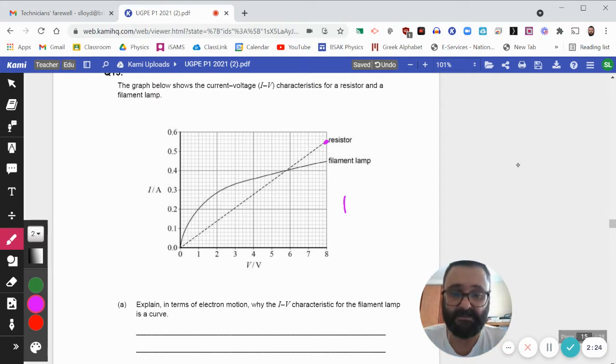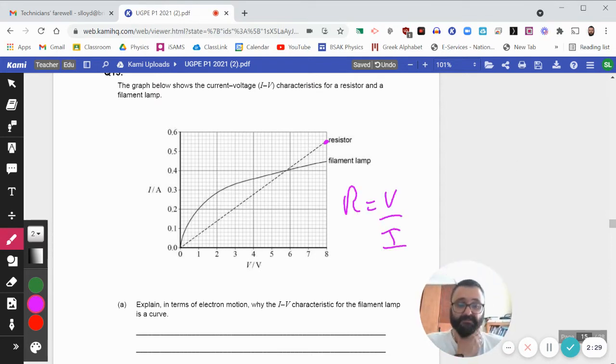Resistance is voltage over current. That's the defining equation for resistance. You shouldn't have to think about that, and if you're looking in the formula booklet, we have a problem.